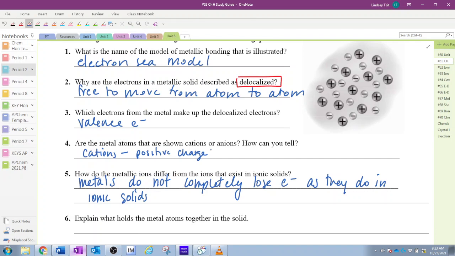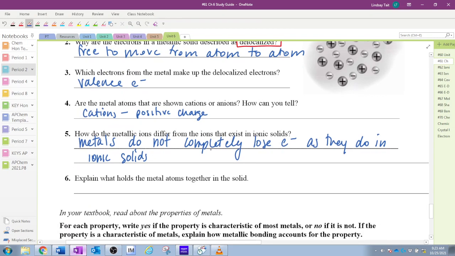So, what is keeping everything together? Why is everything sticking to each other? Remember, it's always about opposite charges attracting. All of our bonds, opposite charges attracting. What changes is, what are those things?